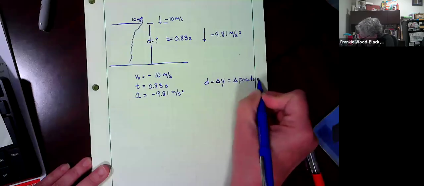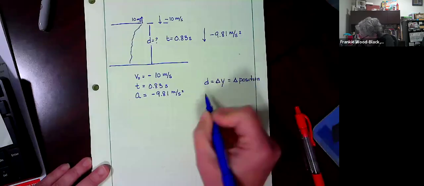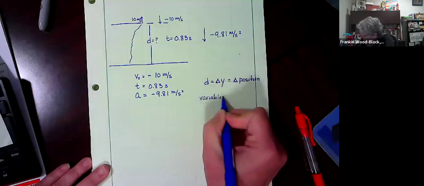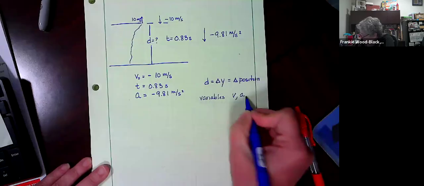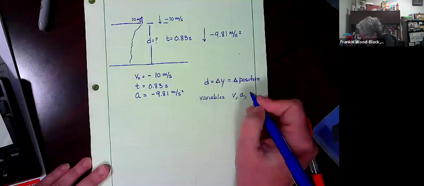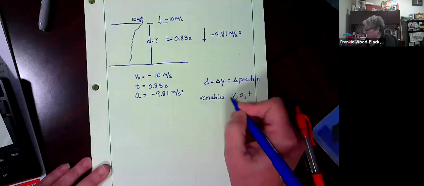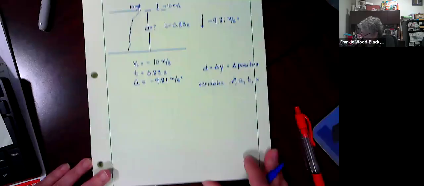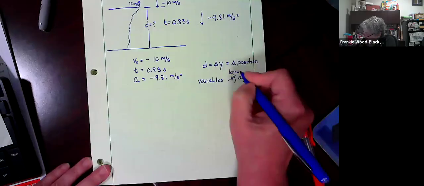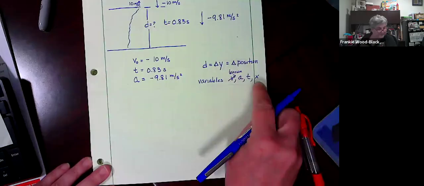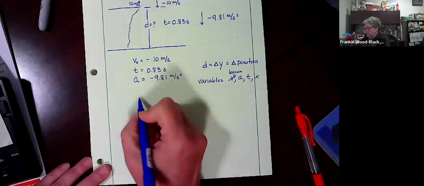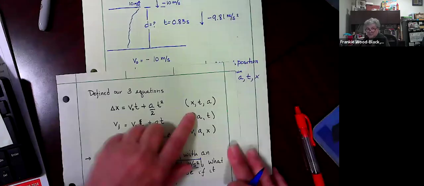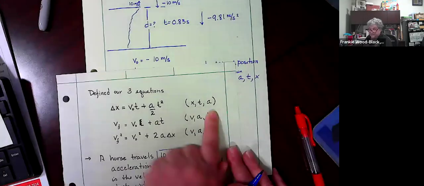So the variables I have are v, a, t, well, that's not a variable, that's known, and I have x. So there are my variables. So I can look at my equations, and if I go back here and look at my equations, I have x, t, and a. So this is the one I'm going to want to use.